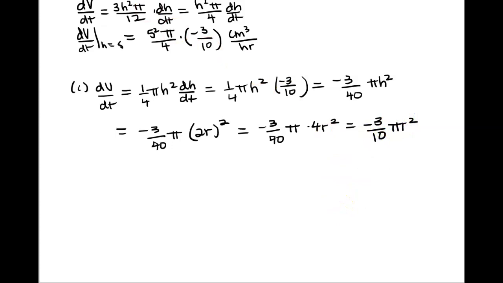What you should notice is that this pi r squared is that area formula for our circle. So this is negative 3/10 times the exposed surface area. And so that number, negative 3/10, is the constant of proportionality.